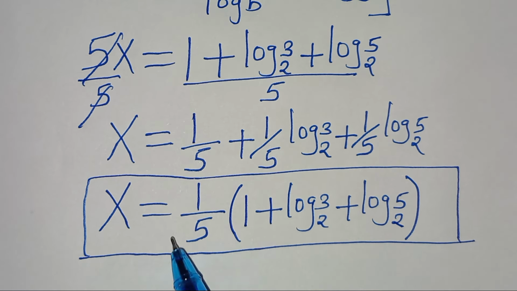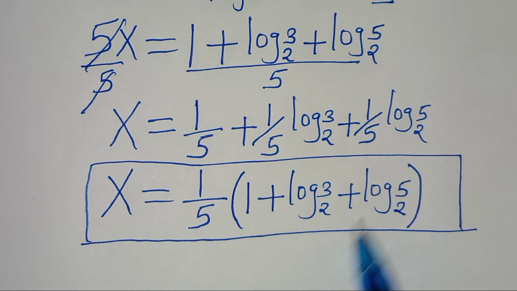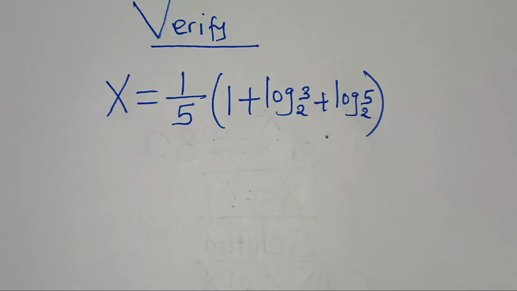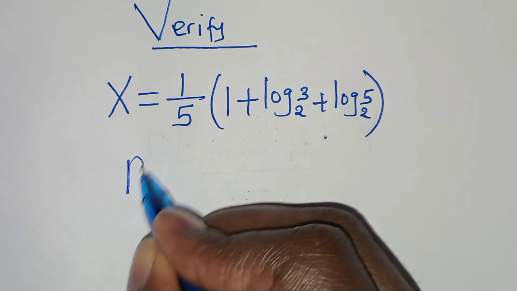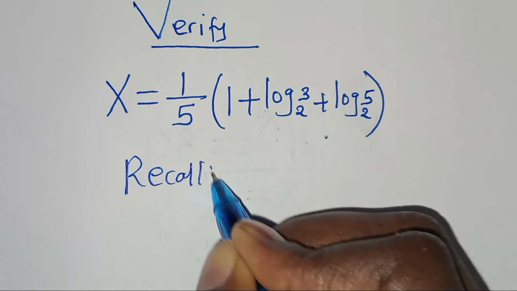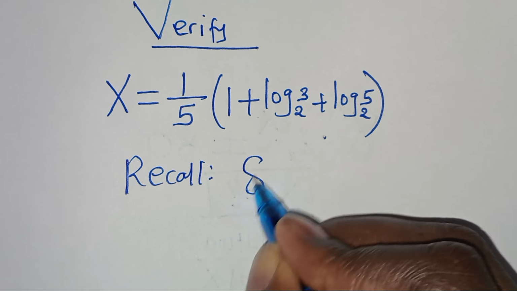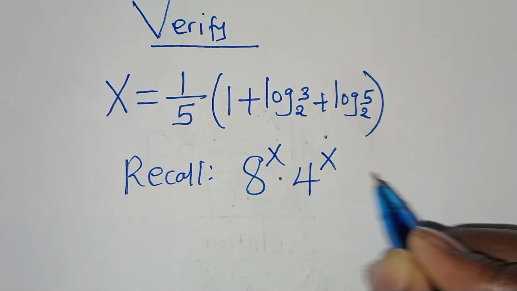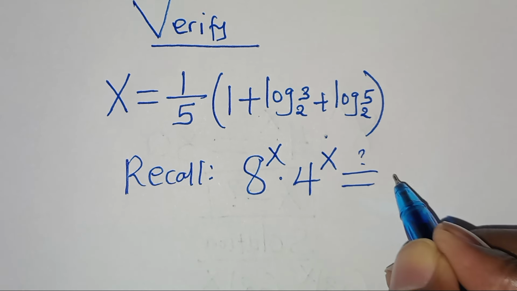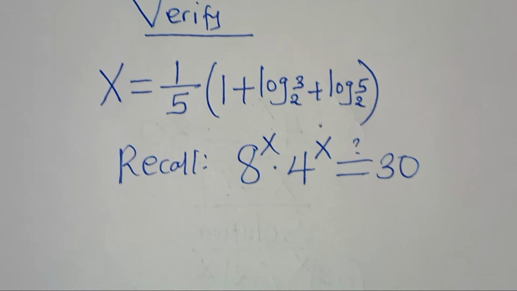The next step is to verify that this value of x here satisfies the equation. Now, if you recall, 8 to the power of x times 4 to the power of x should give us a value of 30.